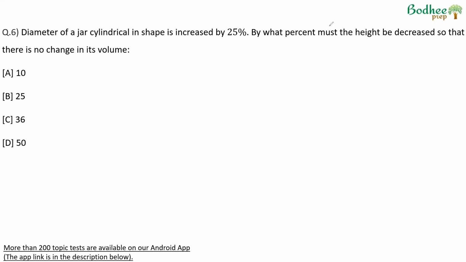Diameter of a jar, cylindrical in shape, is increased by 25%. By what percent must the height be decreased so that the volume does not change? Now the volume of a cylindrical jar is pi r square h.